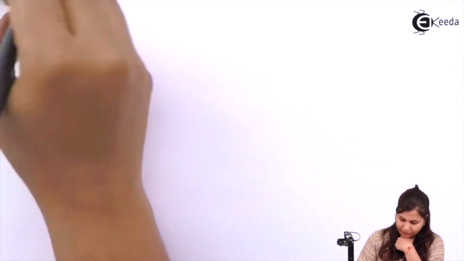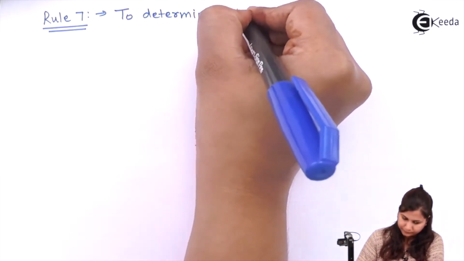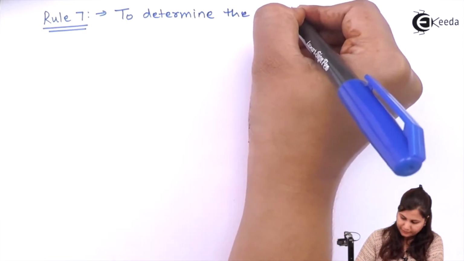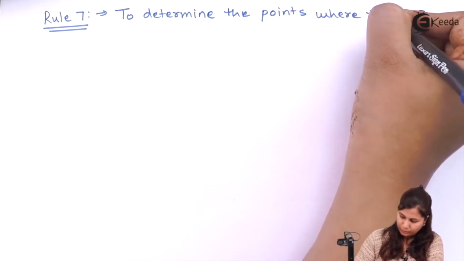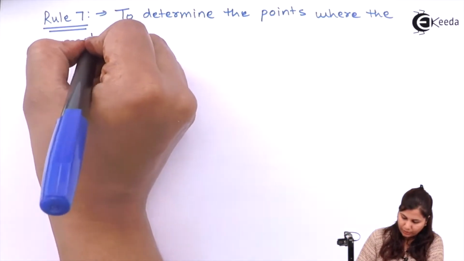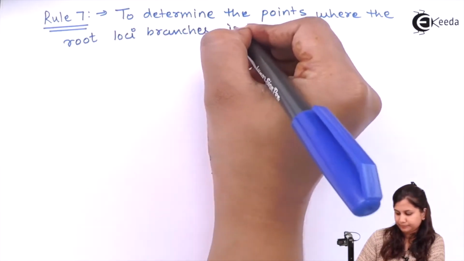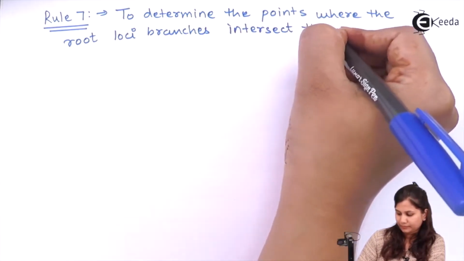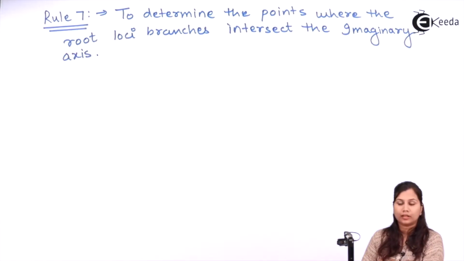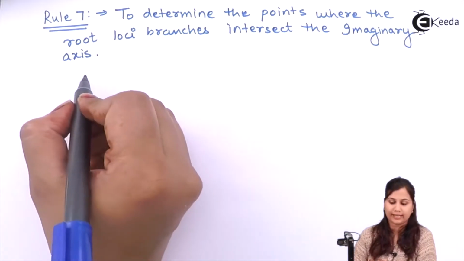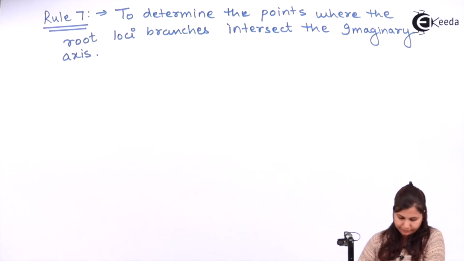So rule number 7 is to determine the points where the root locus branches intersect the imaginary axis.